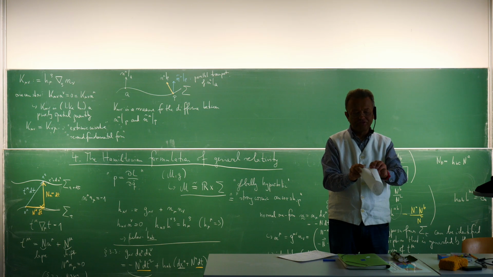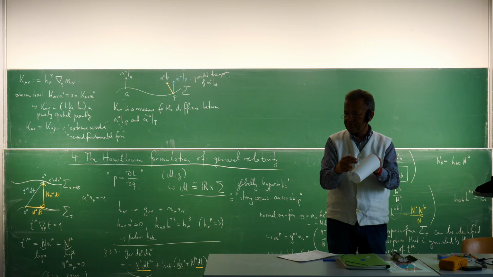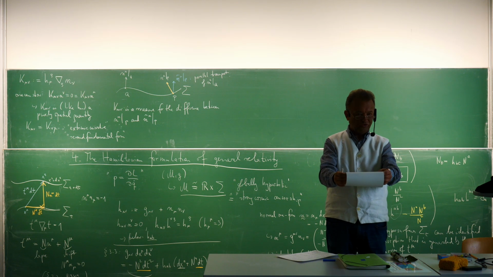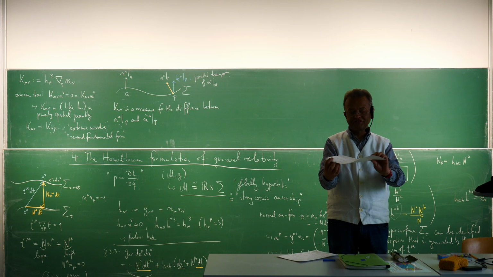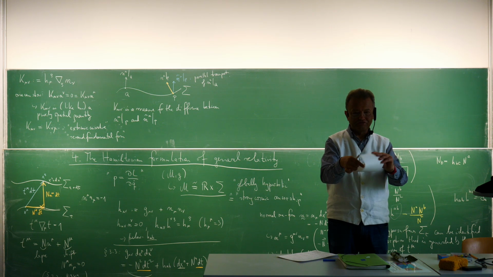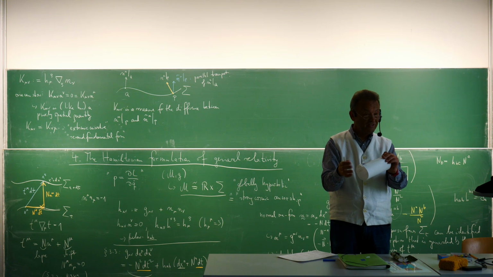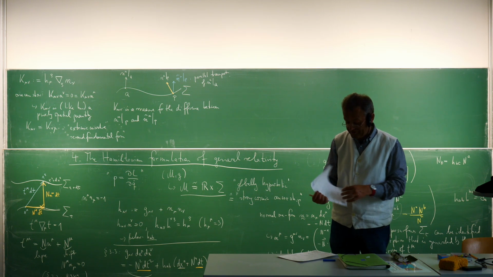And if you make it into a cylinder, then again, the cylinder is intrinsically flat. I mean, all triangles add up the angles to 180 degrees, for example. But from outside, it looks different. No? So this has a zero K_μν, but this has non-zero K_μν. So same intrinsic geometry, but different extrinsic geometry.